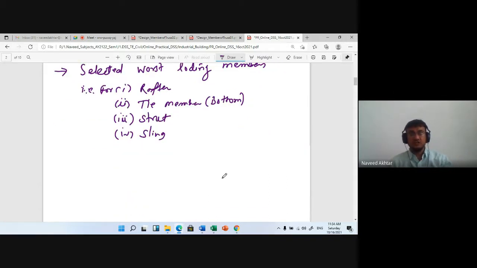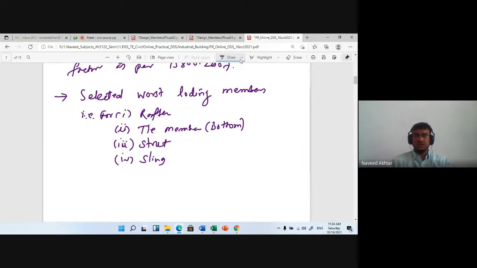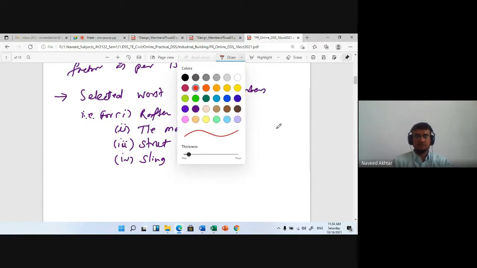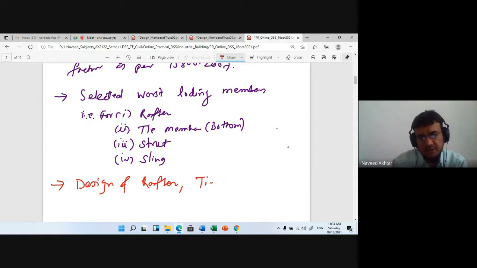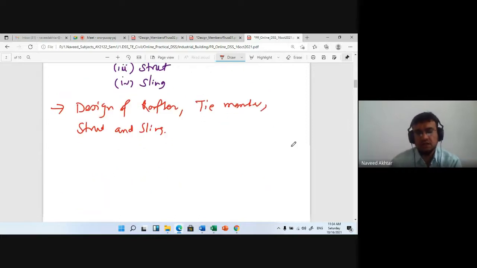The worst combination we have completed, and then based on that we have done the design of rafter, tie member, strut, and ceiling. Up to this we have done.